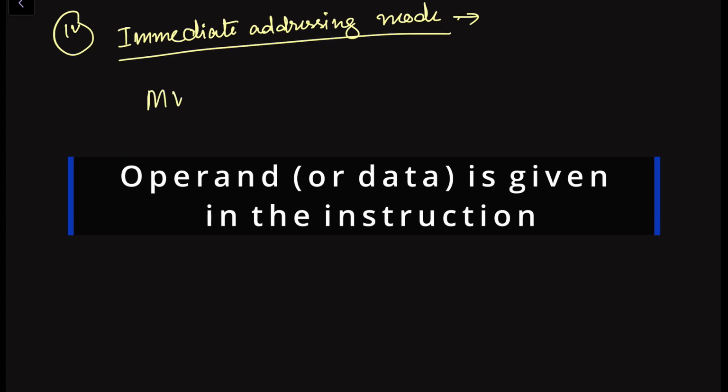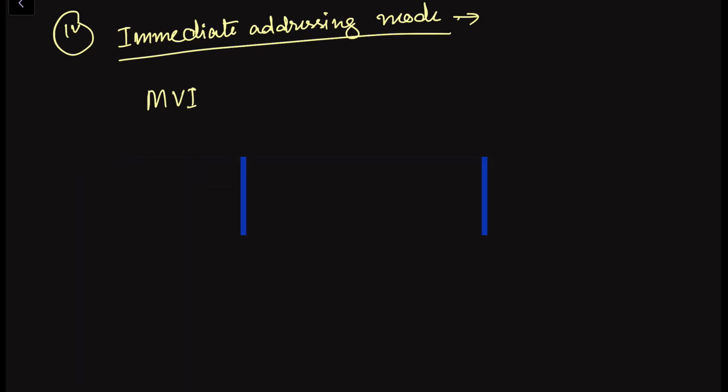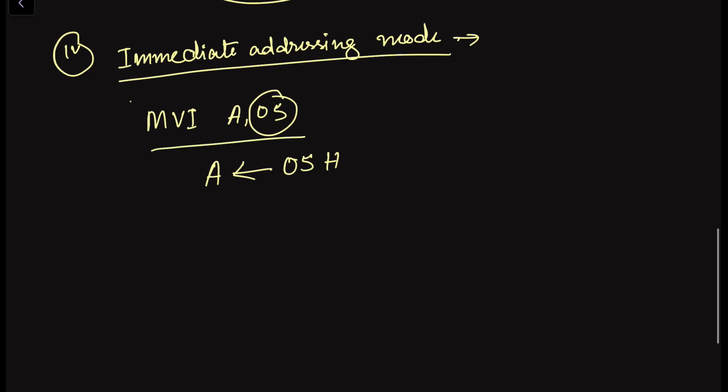Suppose we have MVI, with I at the end of the opcode, and the instruction MVI A, 05. This 05 is the data in hex code, and this will be moved to the accumulator. So after executing this instruction, the accumulator content will be 05. This is the immediate addressing mode.